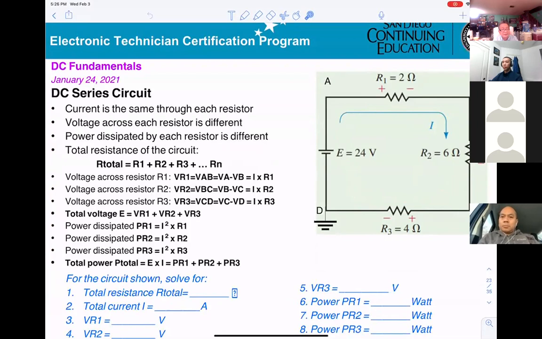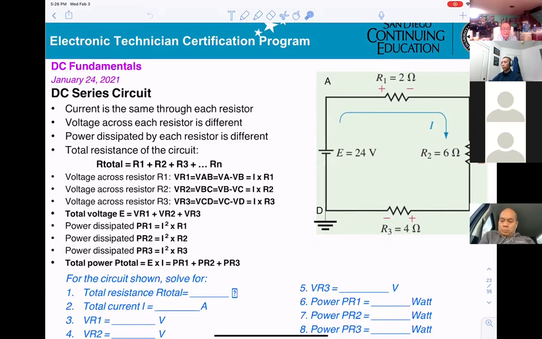That means in the series circuitry, you get only one path for the current flow. Current I goes through R1, R2, R3 and will be the same. First thing you need to recognize is this is a series circuit by looking at the current. If they get the same current, they are connected in series.